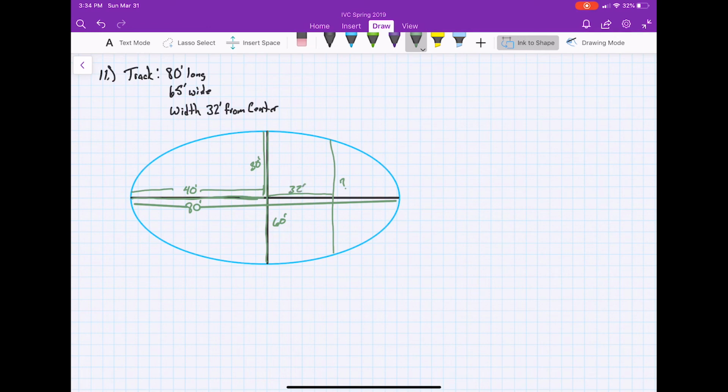So we'll write down our formula for an ellipse here, and we'll put the center at 0, 0, so we don't have to deal with anything fancy. So we have x squared over a squared plus y squared over b squared is equal to 1.